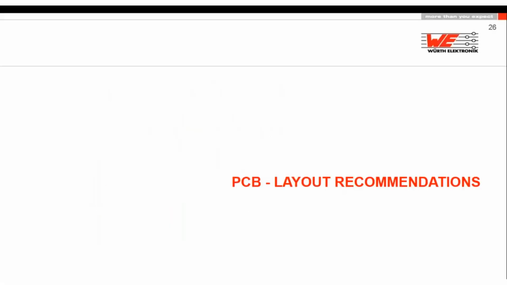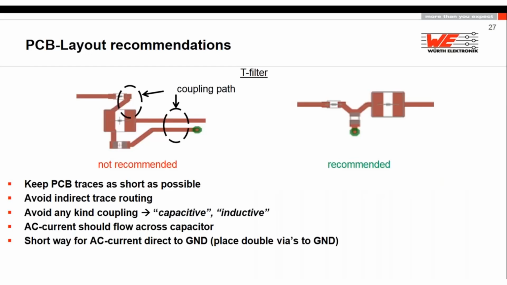How to make the layout? Well, I will say this is crucial, because you can make the best calculation of the filter. You can take the most expensive components that you can put on the PCB. But if you make a wrong PCB layout routing, you will destroy all the effects of the best components. In my previous job, I was also a design engineer and I did not make my own PCB design.